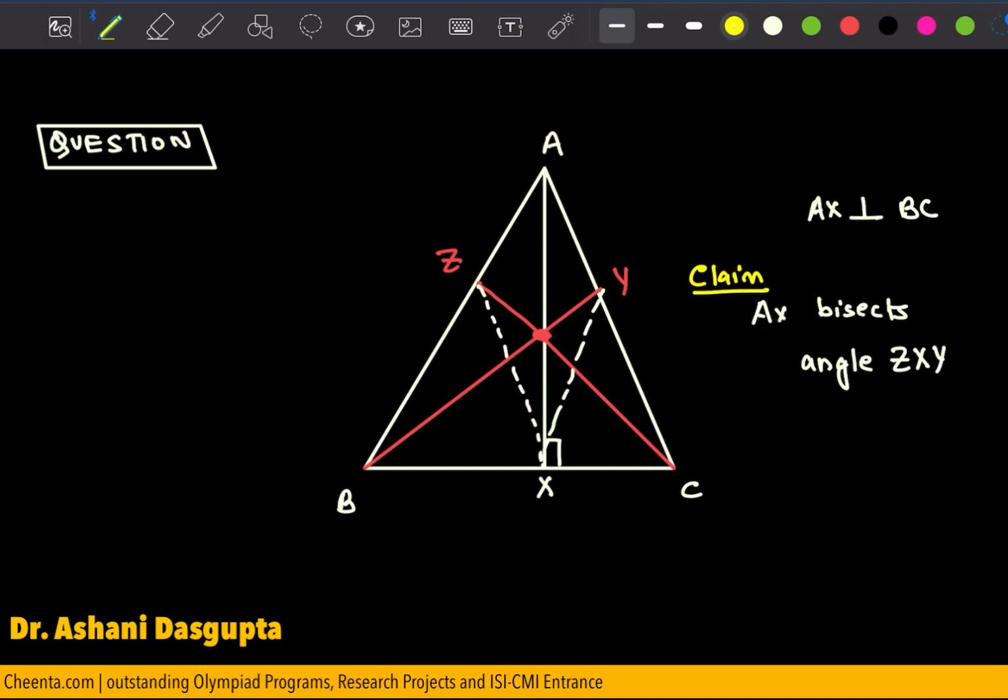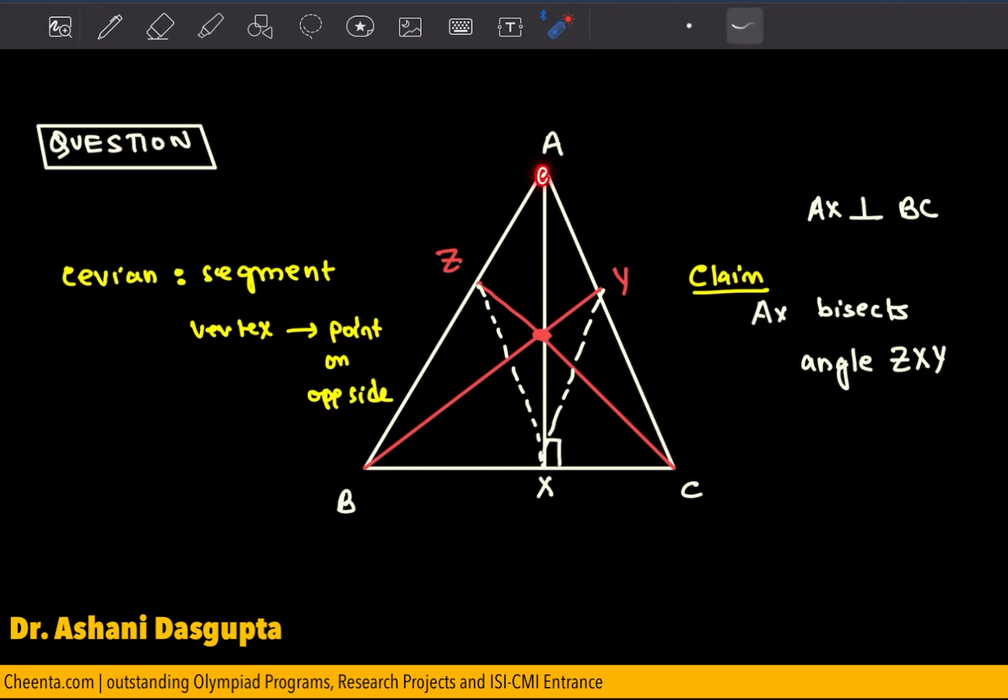Now, what is a Cevian? A Cevian is a segment from a vertex of the triangle to a point on the opposite side. So this is an example of a Cevian, AX.